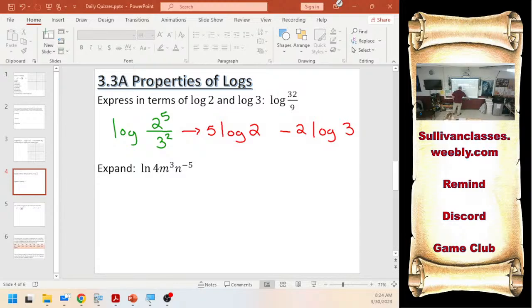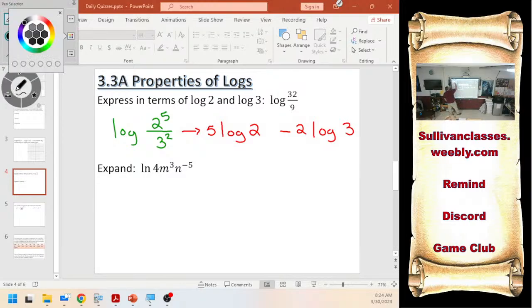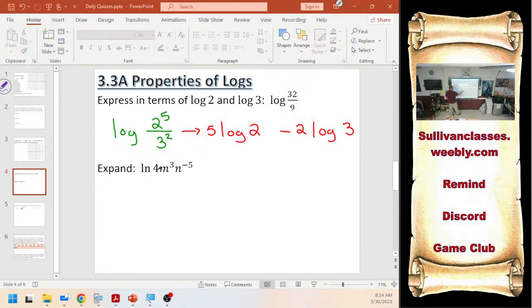Hopefully we didn't get caught. How many of us made the whoopsie of 4 times m cubed times n to the 5th and said ln of 4 plus the ln of m, 3 comes out front, plus the ln of n, negative 5th, and then negative 5 comes out as a coefficient.